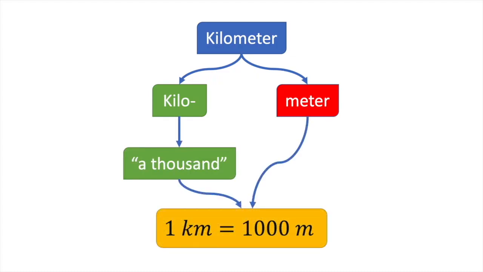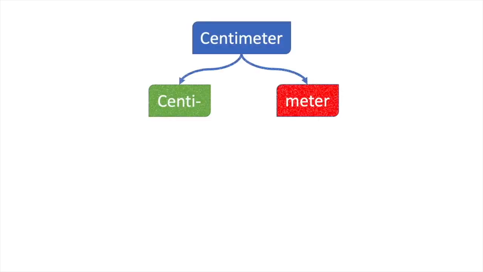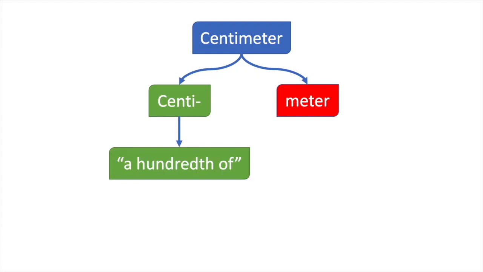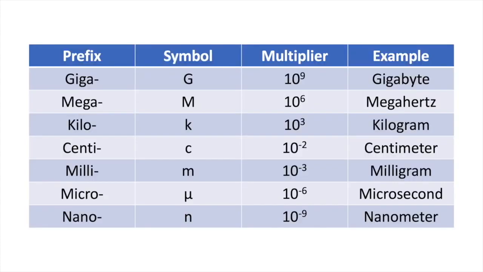An example that goes smaller is the centimeter. The prefix centi attached to the same base unit, the meter. Centi is a prefix that means 100th of, so a centimeter is 100 times smaller than a meter. Another way to think about that is that 100 centimeters is equal to 1 meter. Finally, here we display a table of prefixes and what they mean.